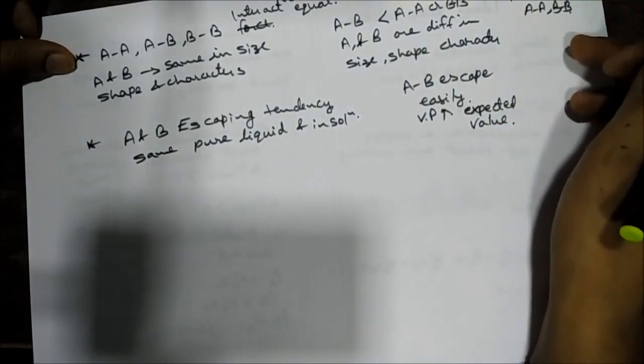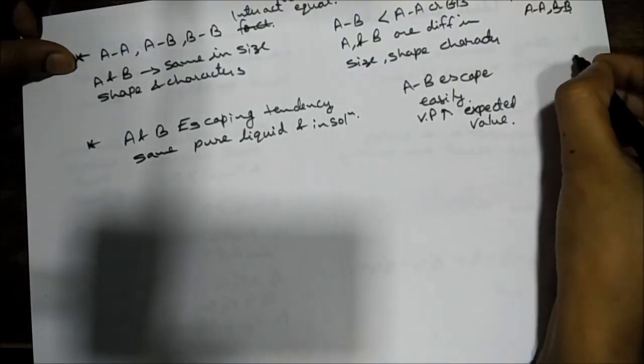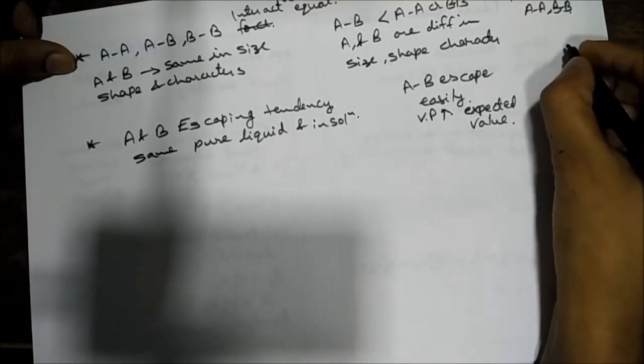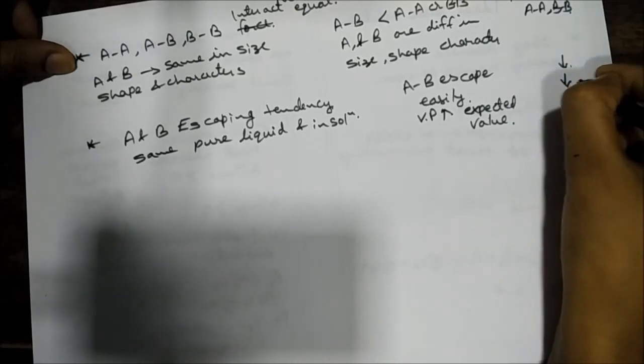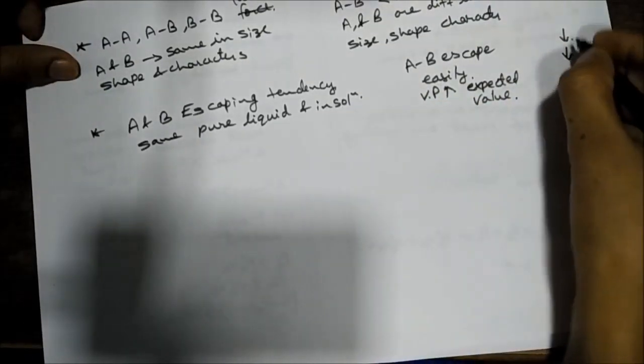And for the solutions having negative deviation, the escaping tendency is low, or their vapor pressure is lower than the expected value.